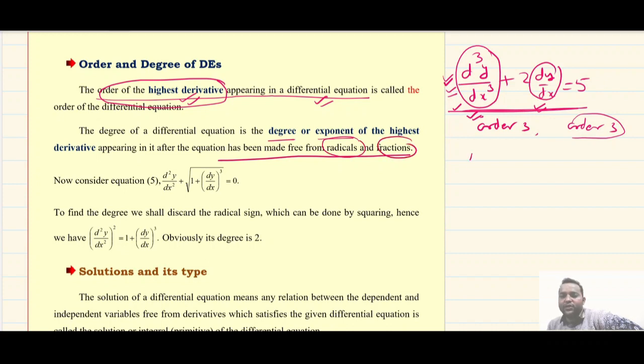Radical signs means square root, cube root, and so on. All these terms are said to be radical signs.